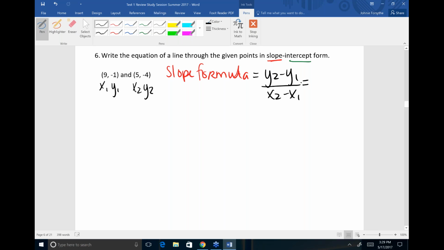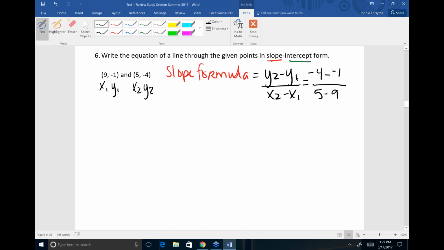So if we're following the way we labeled our points, we would say negative 4 minus negative 1 over 5 minus 9. Be very careful with those negatives and the minus. So for example, it was y2 minus y1, so we were subtracting a negative.